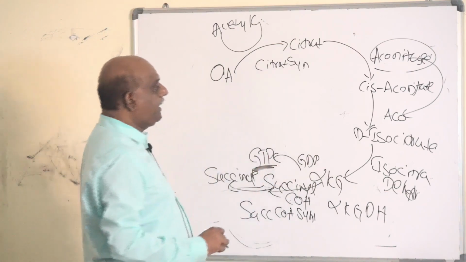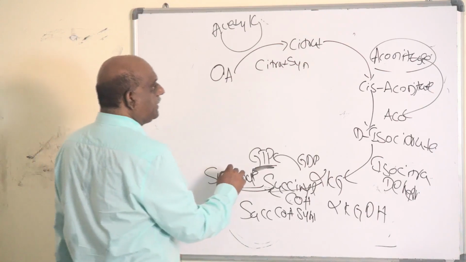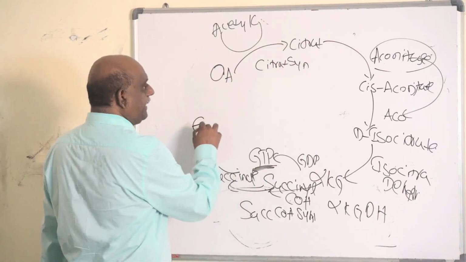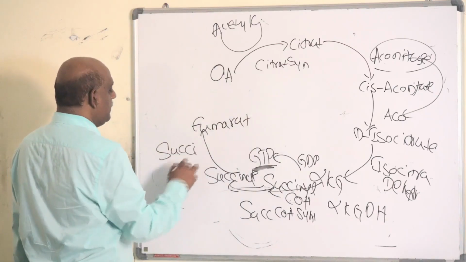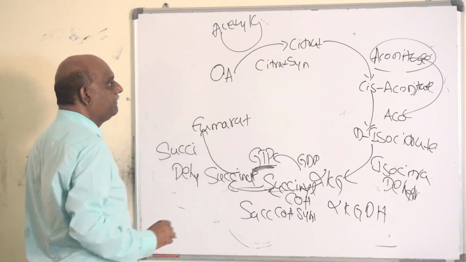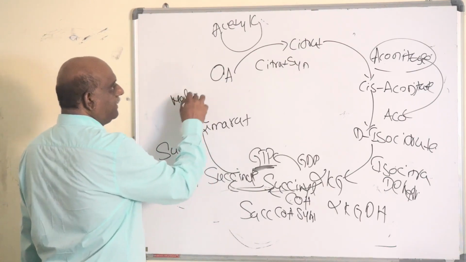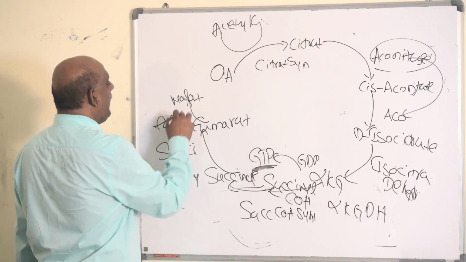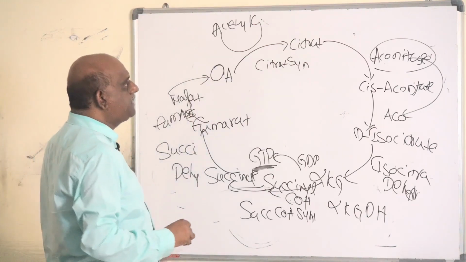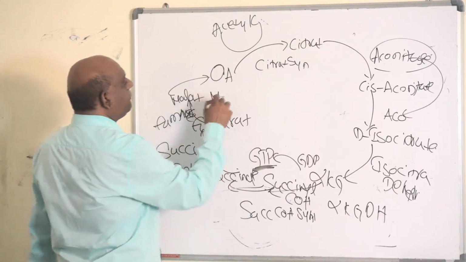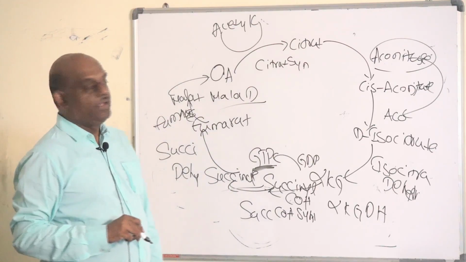Substrate level phosphorylation happens. Then succinate becomes fumarate by the action of succinate dehydrogenase. Fumarate becomes malate by the action of fumarase. Malate becomes oxaloacetate by the action of malate dehydrogenase.